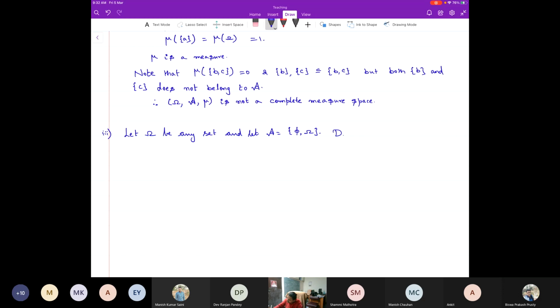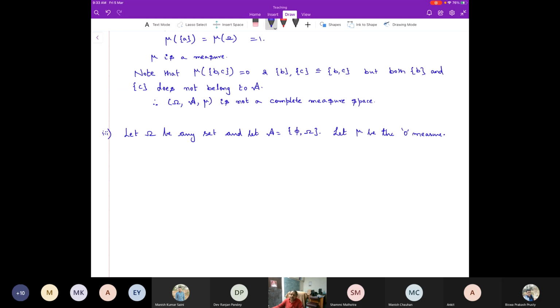And then let mu be the zero measure. That means what? Mu of the empty set is 0, mu of omega is also 0. It's just the zero measure.